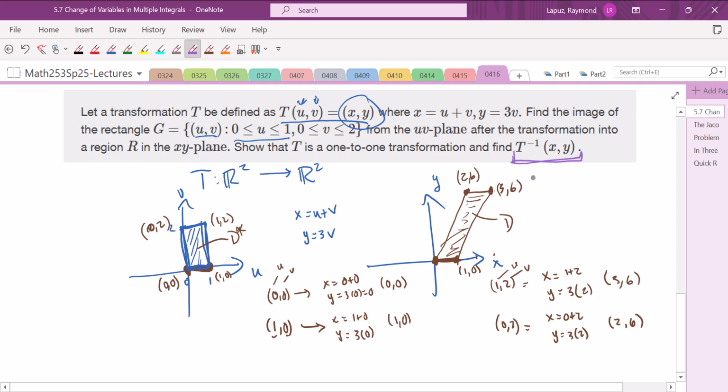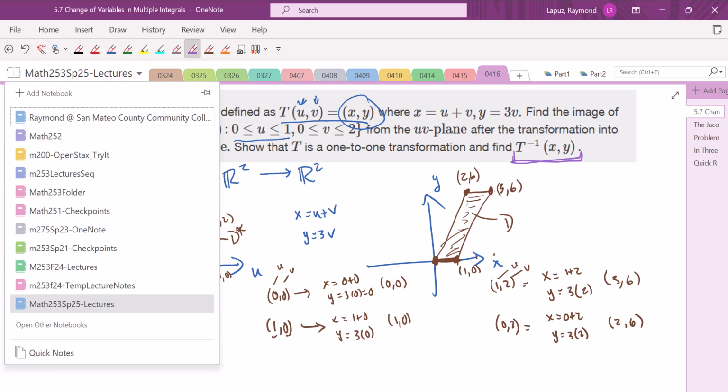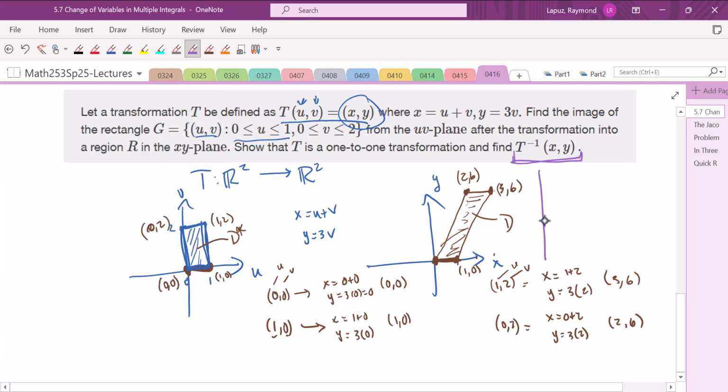So to find the inverse, what we want to do is take a look at this set of equations and somehow solve for this so that we can find u and v.